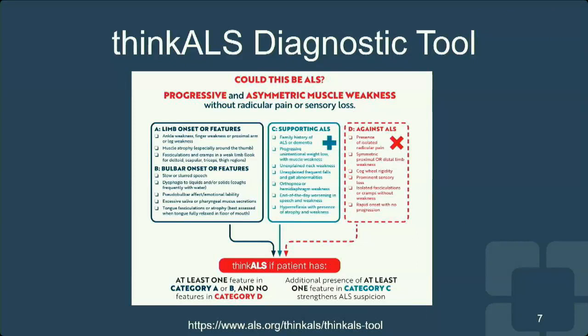So if you have someone who has progressive asymmetrical weakness and they don't have pain, they don't have sensory loss, then your antennae are really up for something in the ALS family or the motor neuron disease family.